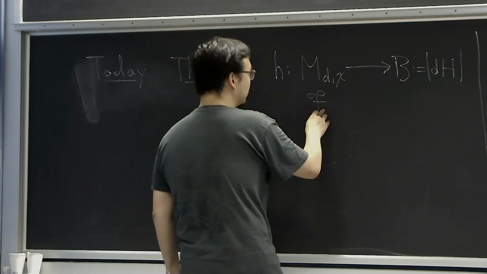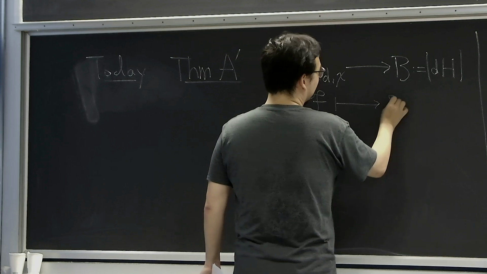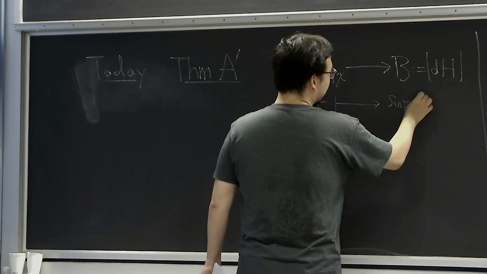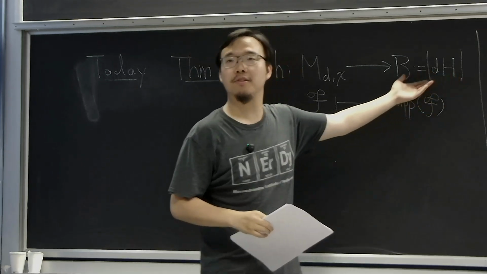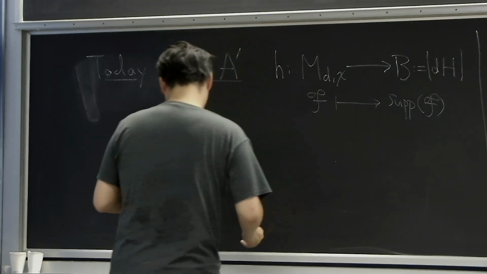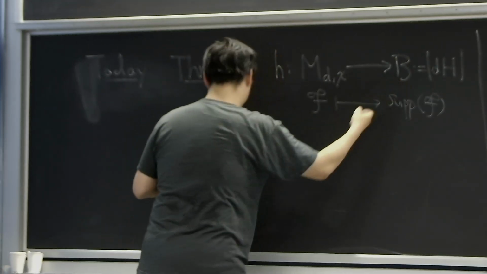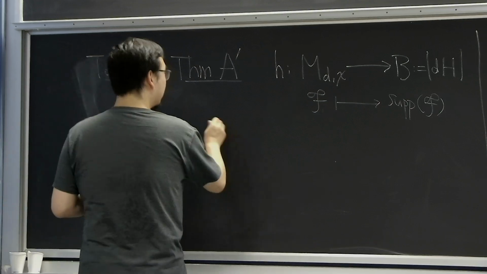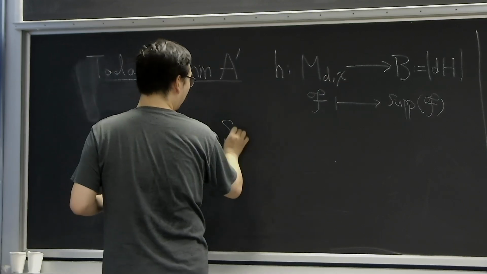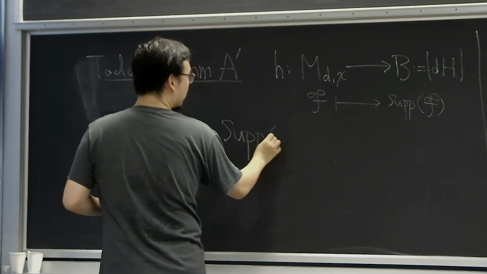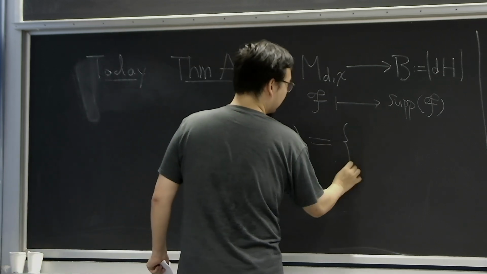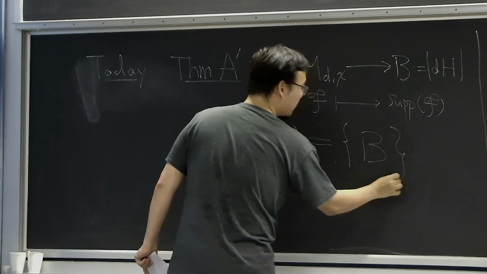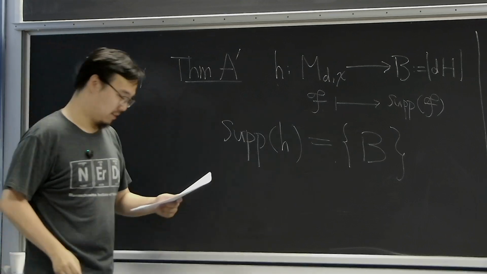So you send F to the supporting cycle of F, which is a degree d curve, which might be very singular. So this is a proper morphism. And theorem A prime says that the support for the decomposition theorem of H is everything. There is only one support, which is B.